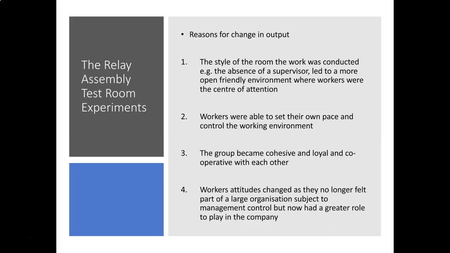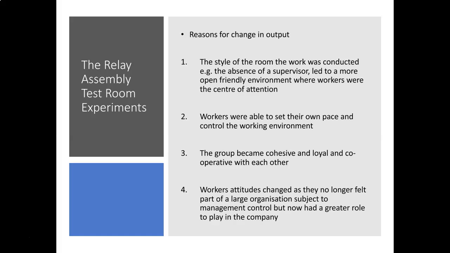So, more about the relay assembly test room experiments. The reasons for the change in output. Number 1, the style of the room the work was conducted in. For example, the absence of a supervisor led to a more open, friendly environment where workers were at the center of attention.